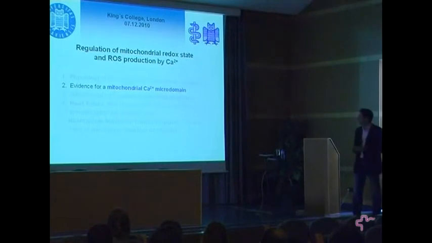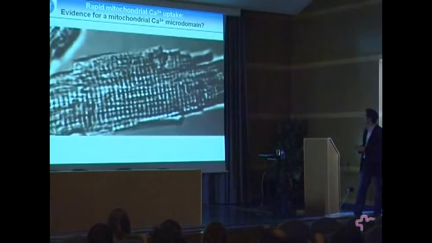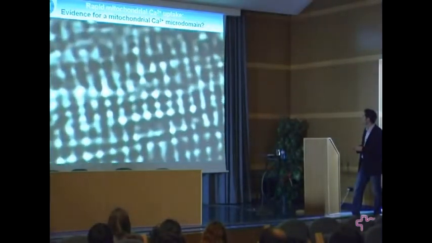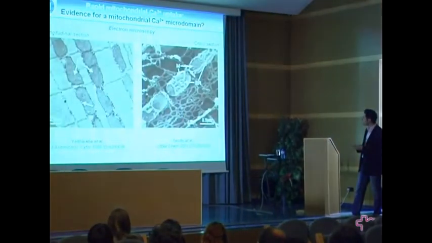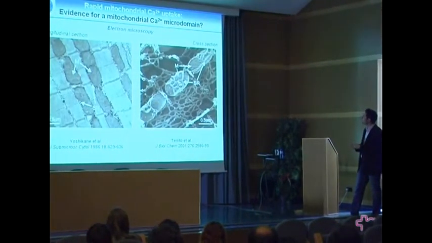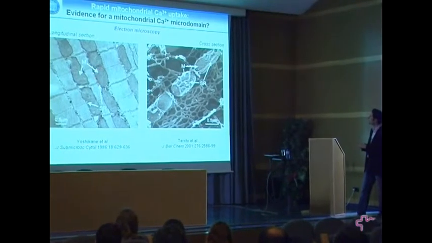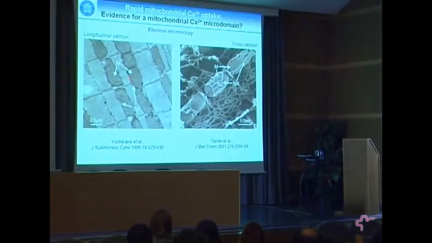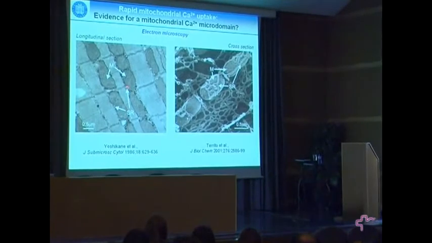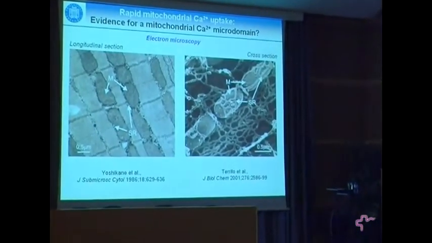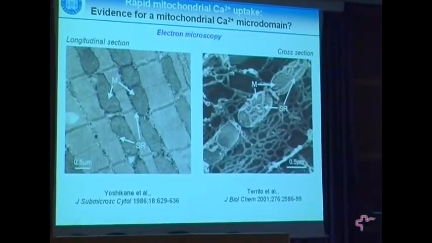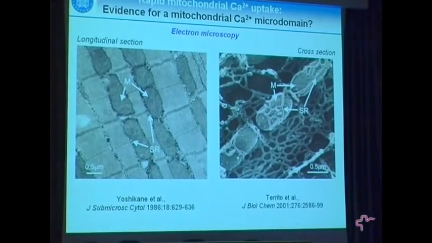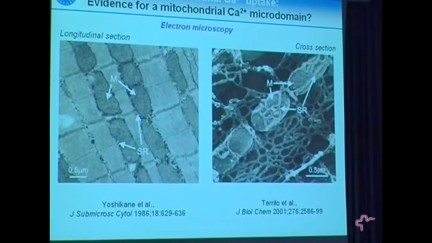Well, one way to explain this would be if you have a closer look at the texture of a cell, you will realize that mitochondria are very closely associated with the sarcoplasmic reticulum. It's literally enwrapped, and the distance between the SR and mitochondria is less than a micrometer, in the nanometer range.